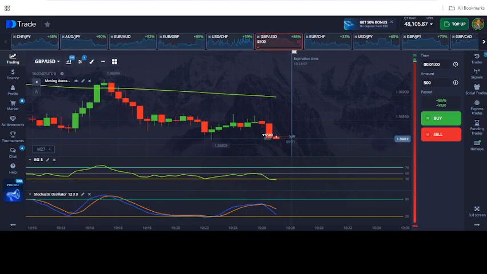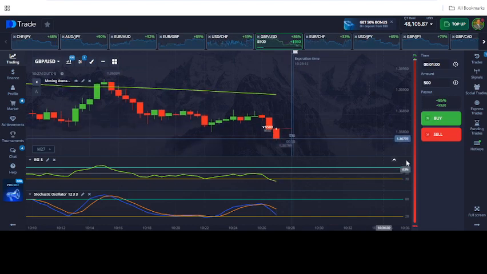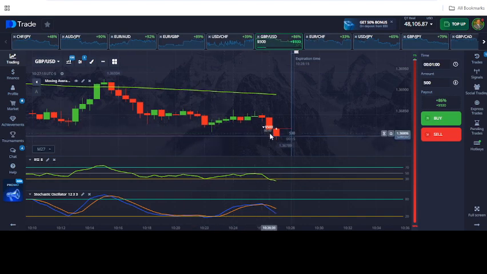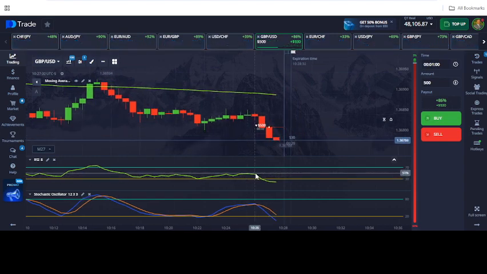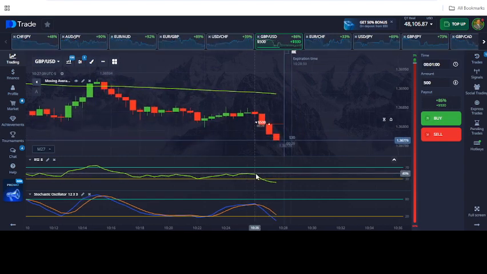Okay, so I'm on the Great British Pound US dollar, and I just took a sell trade here. And the reason why I took the sell trade is, first of all, if you see the EMA line here, the candles have fallen below the EMA, the 150 EMA, suggesting an overall bearish trend in the market. Secondly, the RSI line crossed below the 50 line here in a downward direction.